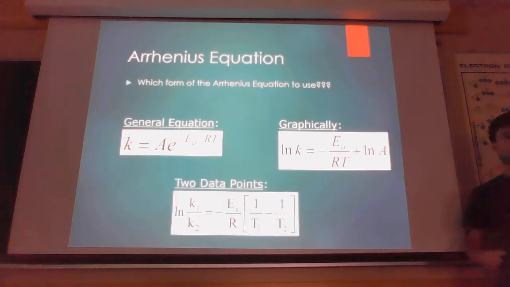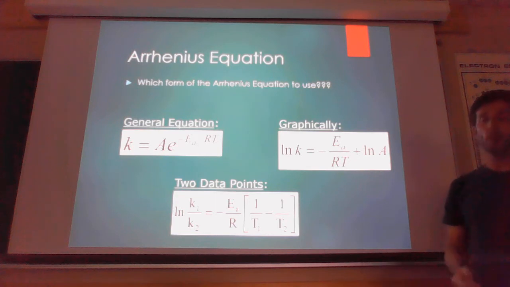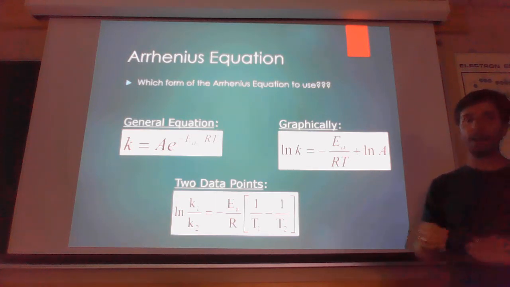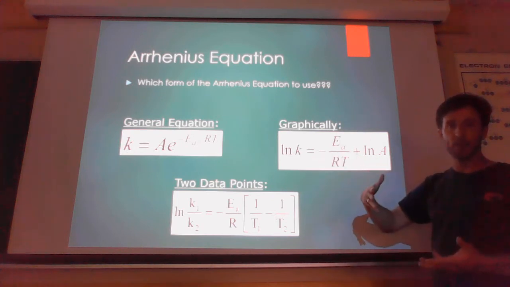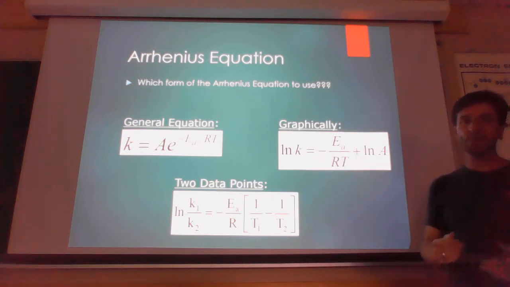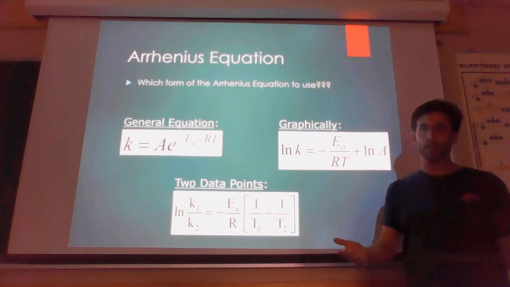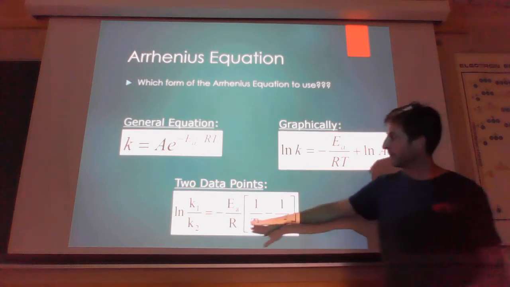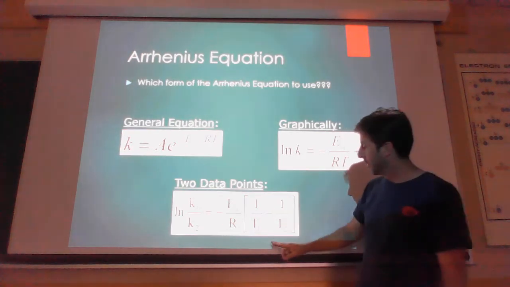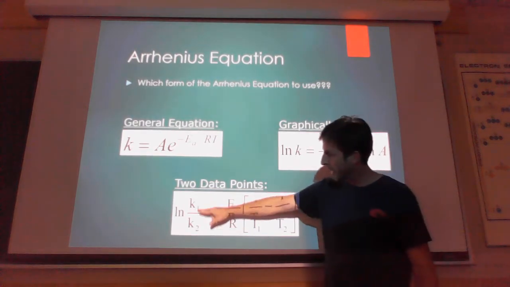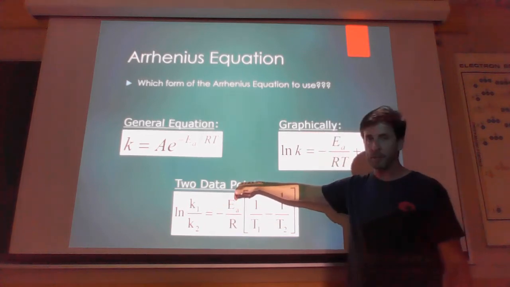Or, kind of like the Clausius-Clapeyron equation, we could just do this calculation based on 2 data points. It's always better to have a lot of data points and establish the line. That's the ideal scenario. But on the test, if we're going to have you do a calculation yourself, we're going to give you the 2-point Arrhenius equation, where there are 2 temperatures, 2 K values, and the activation energy.